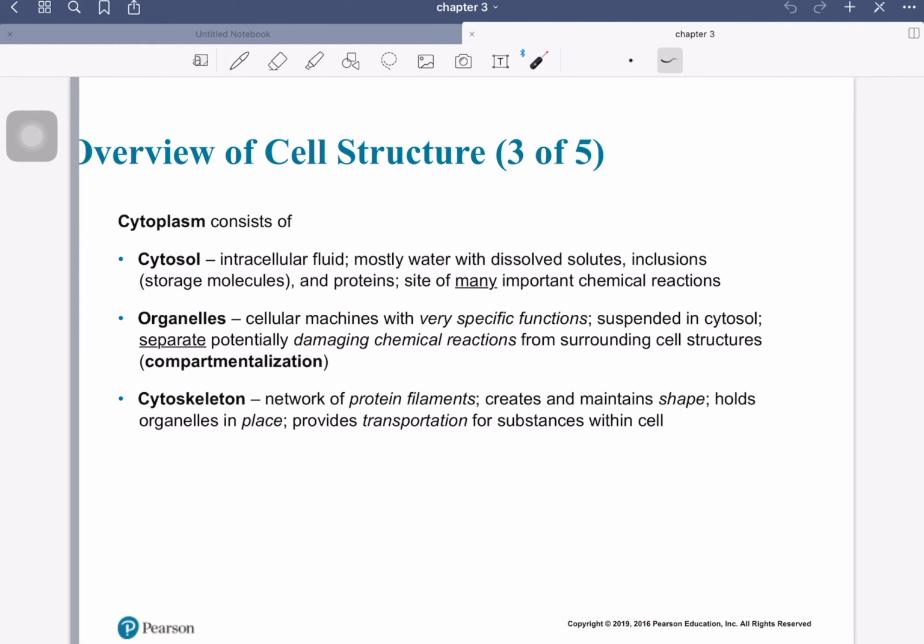And of course, within this fluid, this watery environment, this is where many important chemical reactions occur. Now, not surprisingly, we also have within the cytoplasm the organelles. And the organelles are really these little specialized machines that carry out very specific functions. And we'll have a look at those. And they're suspended in the cytosol.